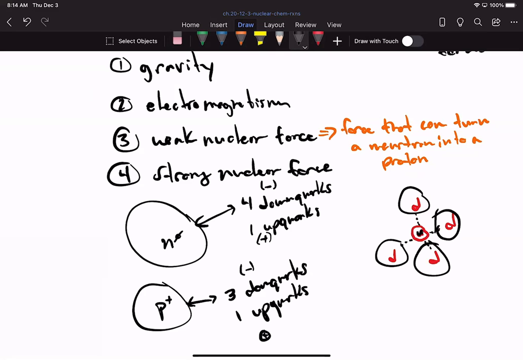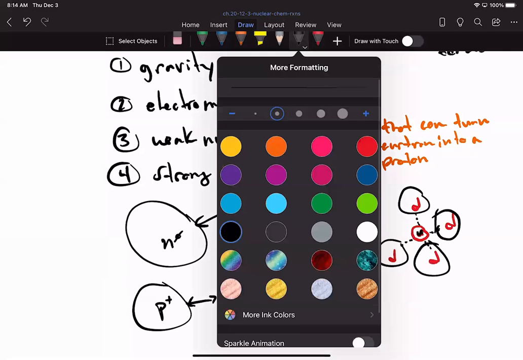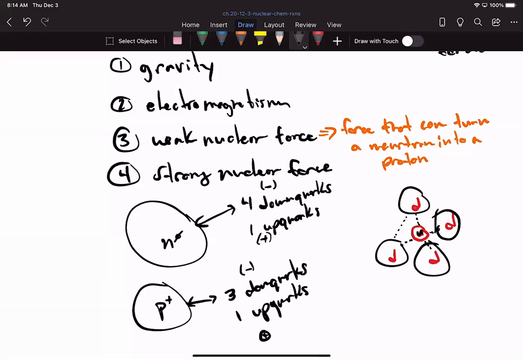These down quarks surround this up quark and form a kind of pyramid around it.